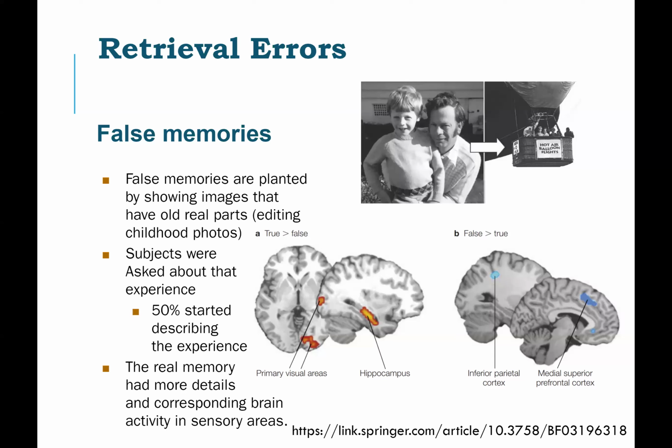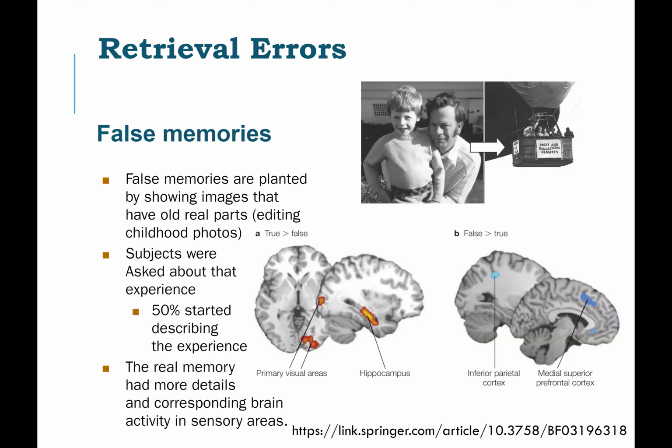Okay, in this study, this was the case. But what they observed that was interesting is that when people were describing real memories and the ones that were false and planted, they claimed that the real memory had more sensory and more widespread activation in the fMRI machine versus the stuff that was made up.